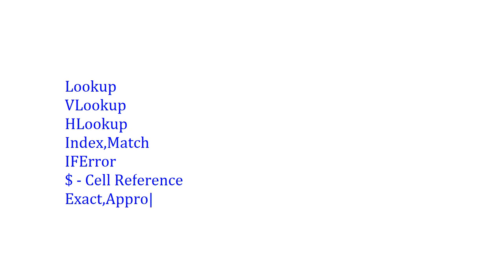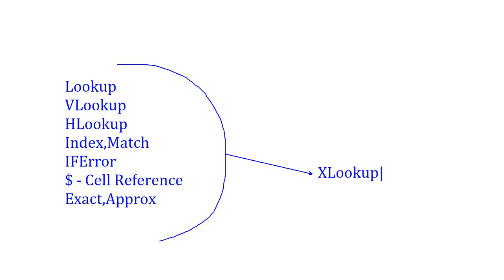All these functions have been replaced with one single function in the latest version, that is XLOOKUP. I recommend everyone to start using XLOOKUP. If you are already using VLOOKUP, stop using VLOOKUP, start using XLOOKUP. If you have not used XLOOKUP or VLOOKUP or HLOOKUP, start using XLOOKUP.